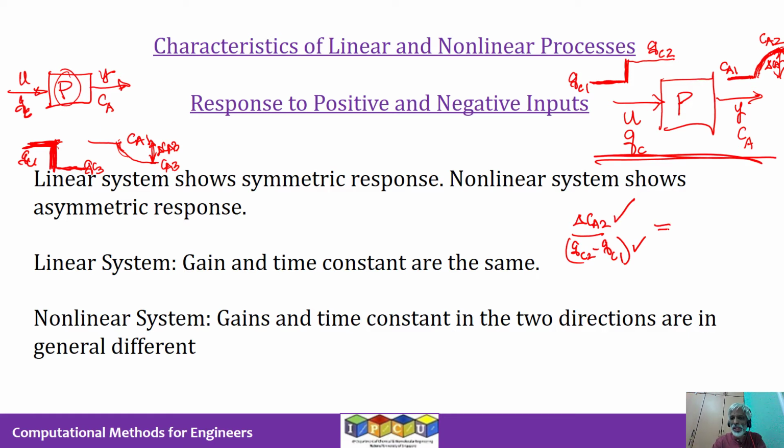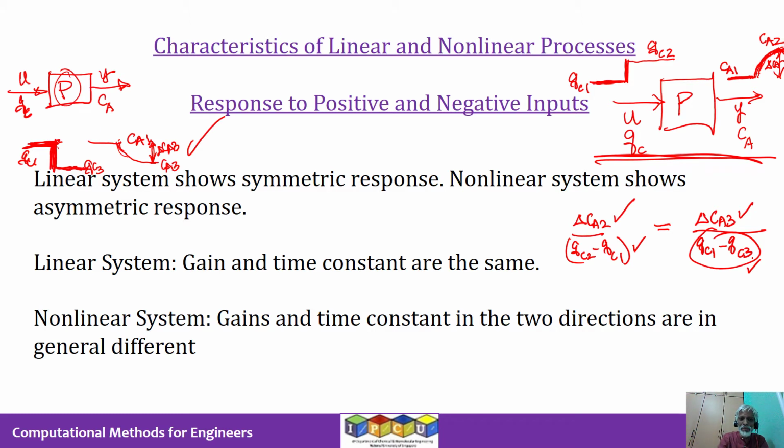This will be the same as delta CA3, the change here divided by QC1 minus QC3. So this is the change in output for the second experiment. This is the change in input for the second experiment. The ratios will be the same.